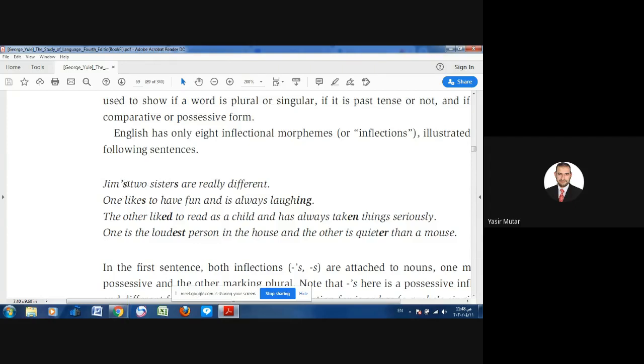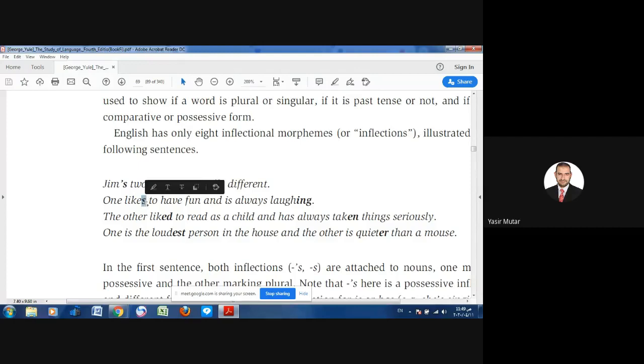One likes to have fun and is always laughing. You have this s to identify the third person singular. So when I start the sentence with the pronoun he, she, or it, and I have a main verb within the sentence, this main verb should be linked with this s.